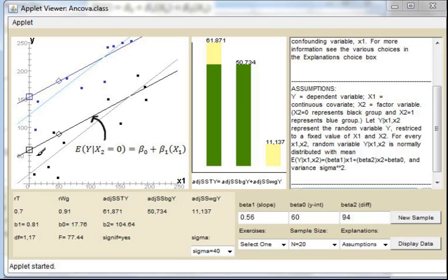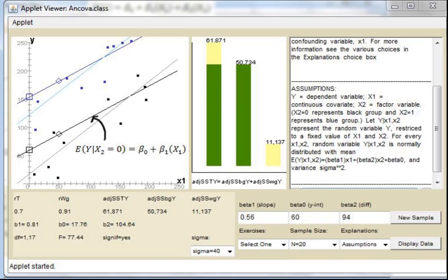Beta 0 is indicated by this black box over here. Beta 0 is the y-intercept of the black line, and here's the value: beta 0 is equal to 60. And the slope beta 1 we have right here. The slope is 0.56.